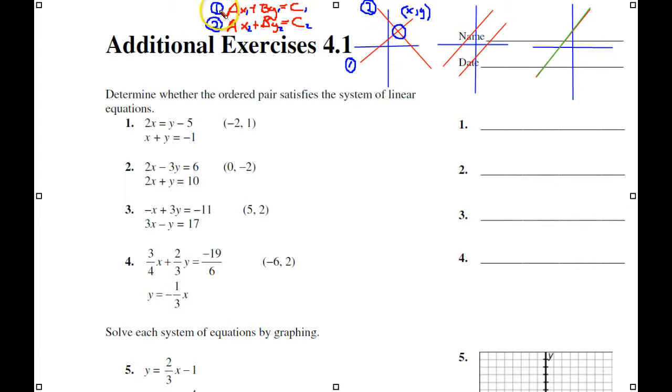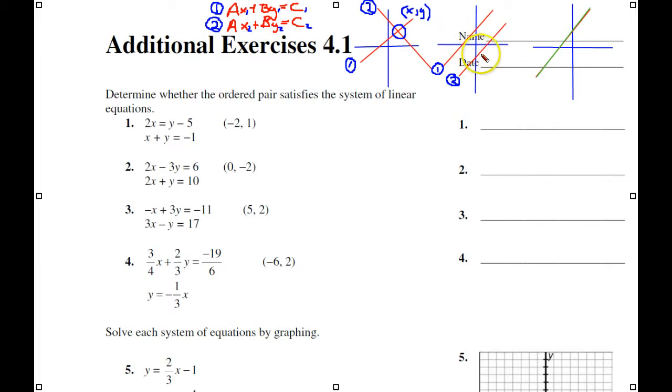Now, if I graphed equation 1, this would be a different equation, of course, and it's this line, and I graph equation 2, and it's this line, I see, are these ever going to intersect?